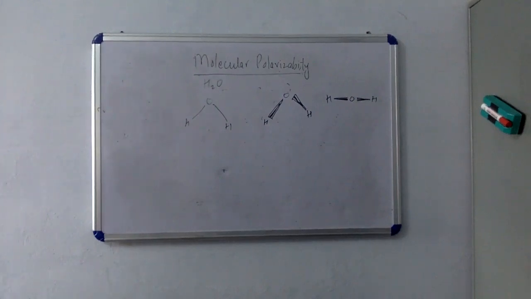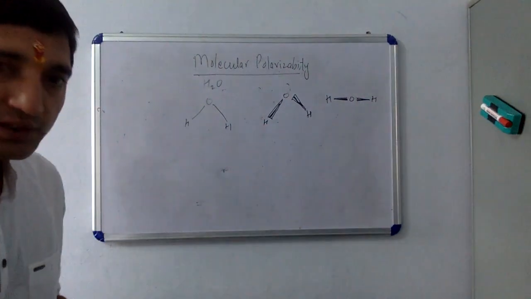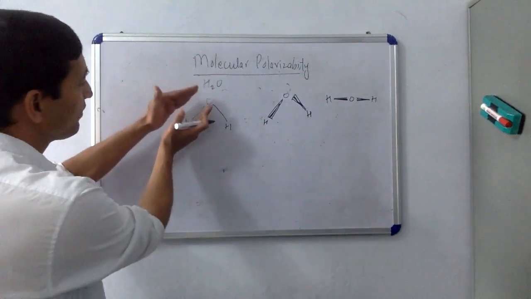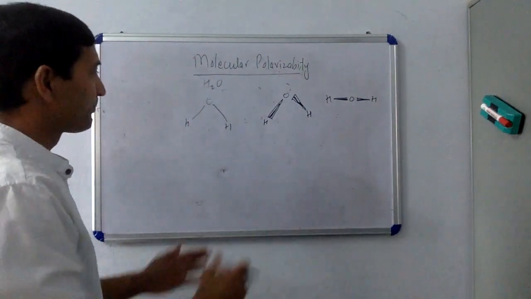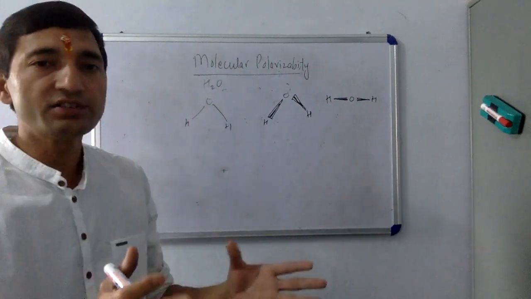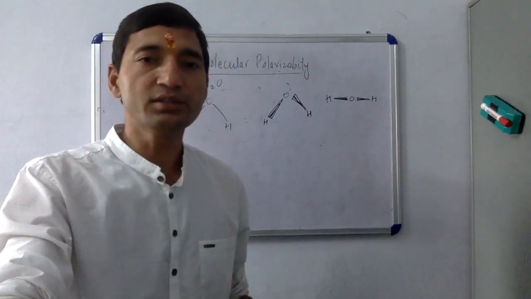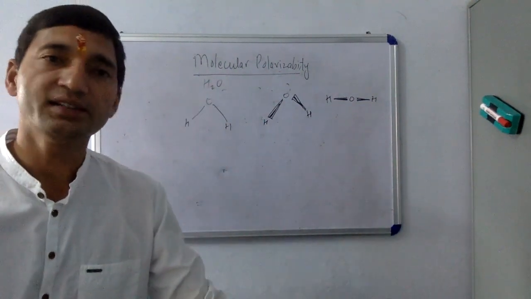So by analogy with what we have discussed about the diatomic molecule H2, we could think that you have one polarizability ellipse across this bond and another across this one, but it is not true.